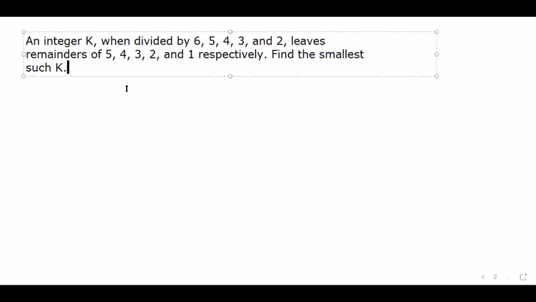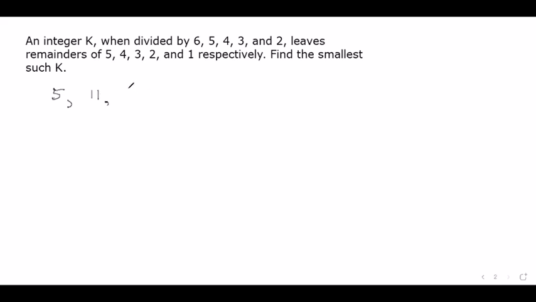Okay, so let's first try to do it like that and ask which numbers have that property. When you divide it by 6, the remainder is 5. Well, 5 itself, when you divide it by 6, the remainder is 5. The next one is 11. When you divide 11 by 6, the remainder is 5.